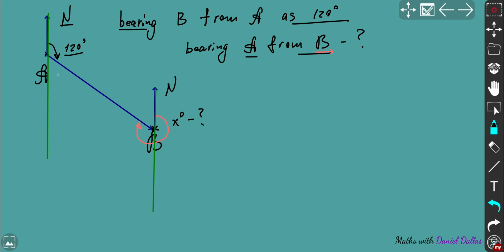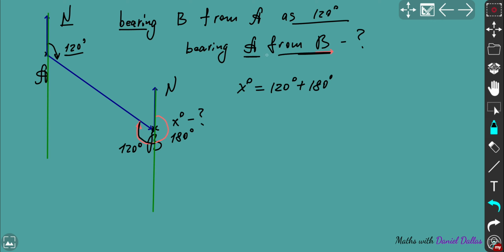Remember alternate angles: if 120 is one angle, so this angle from the blue segment to the green one, this part, which I'll mark in black, is going to be the same angle according to the alternate angles theorem. So this angle is 120 degrees. On top of that, angle X is simply your angle 120, and you need to add 180 degrees, which is the open angle from that side. That's how you can calculate the bearing of A from B.